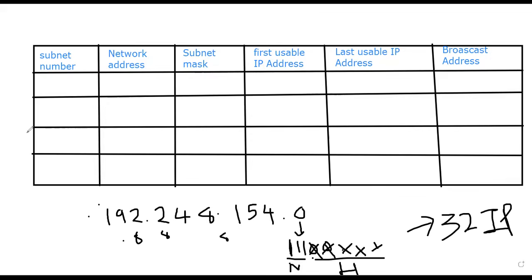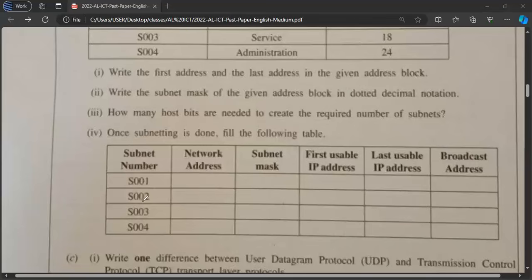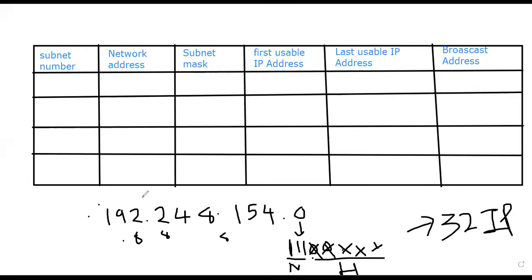So the first subnet number is given in your exam paper as S001. So let me write it. S001, right.